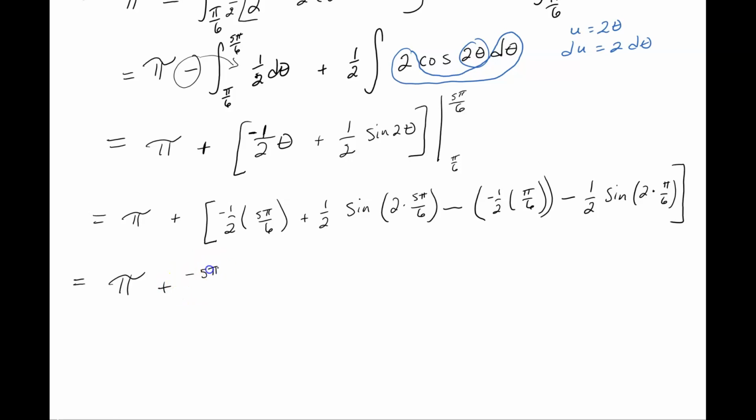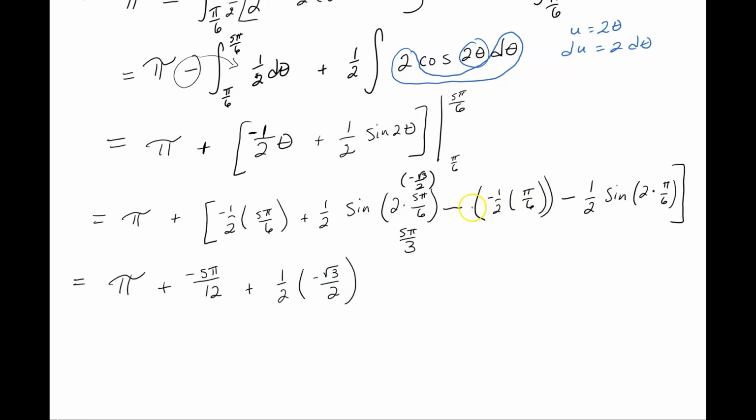I'll write that, negative 5 pi over 12, so that gets taken care of. 2 times 5 pi over 6 becomes 5 pi over 3, and sine of 5 pi over 3 is a negative square root of 3 over 2 from the unit circle. So we're going to have a plus 1/2 times a negative square root of 3 over 2.